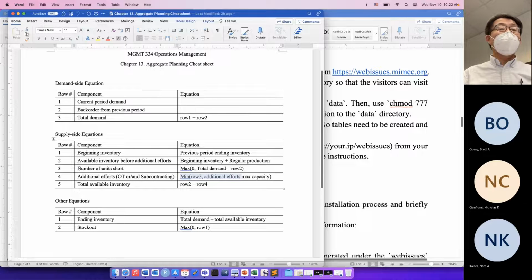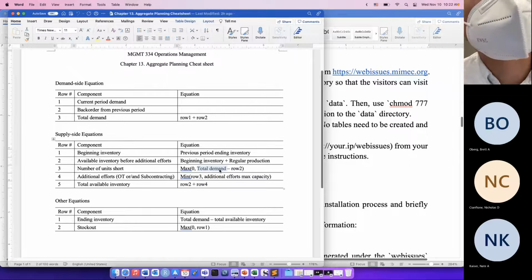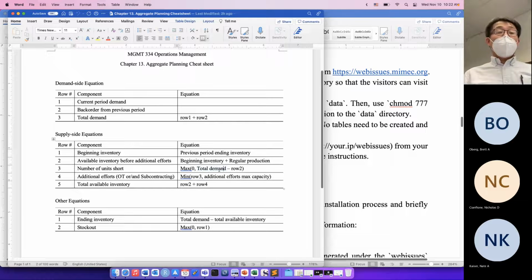Then how do you know the number of units short? That's the maximum between those two. If the demand is greater than the availability, that's a shortage. Then this will become a positive number.